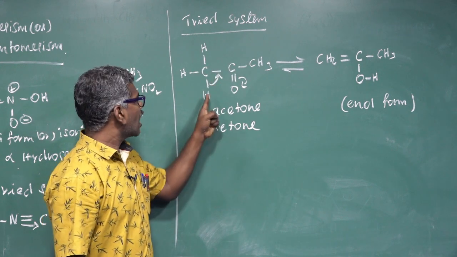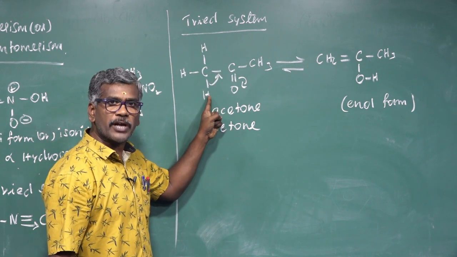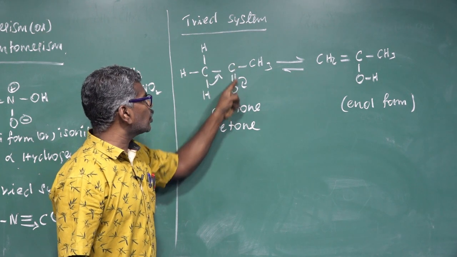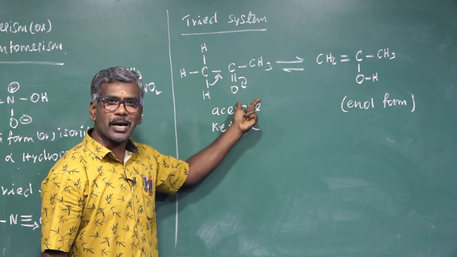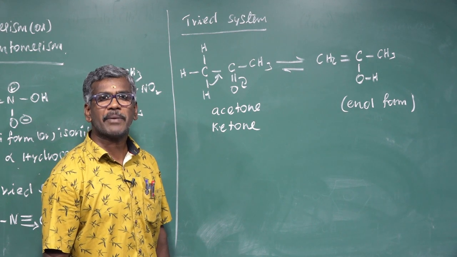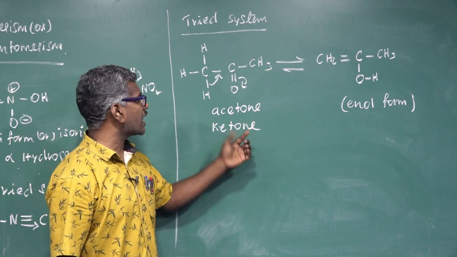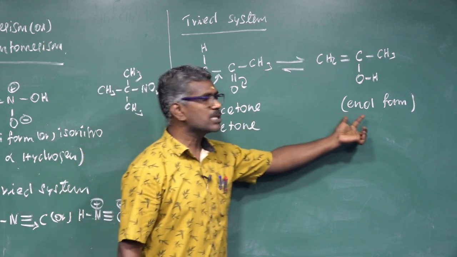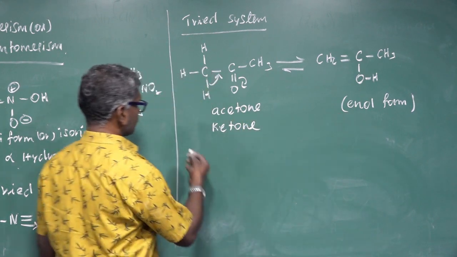What is that? Hydrogen atom moves from the first atom to the third atom in a molecule. This is known as a triad system due to 1,3 migration of alpha hydrogen. This one is a keto form, this one is an enol form.